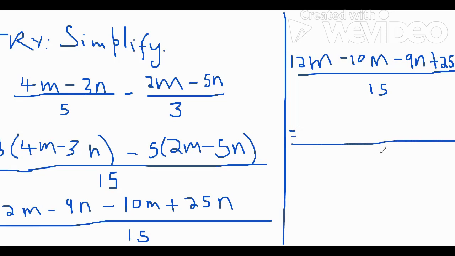You're going to say 10m minus 12m leaves you with negative 2m. And then the negative and the positive would give you a positive, and then you would take away the 9n from the 25n.